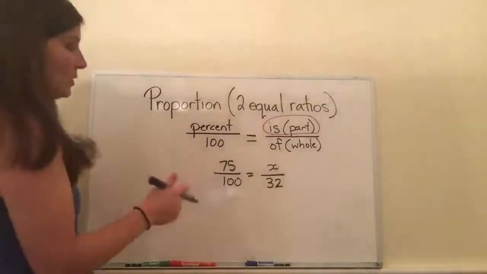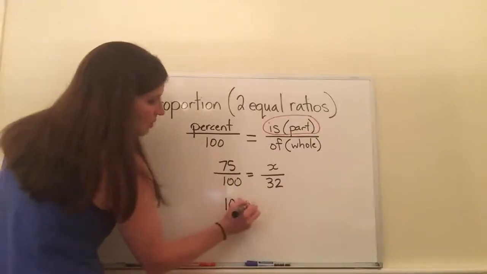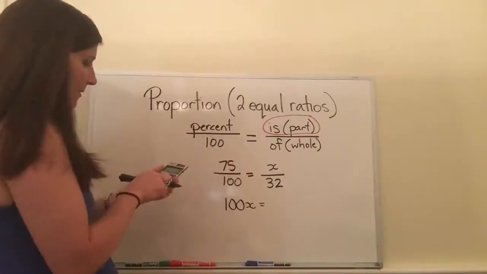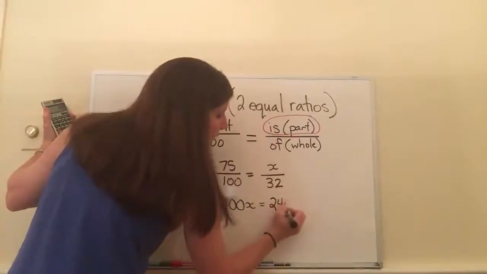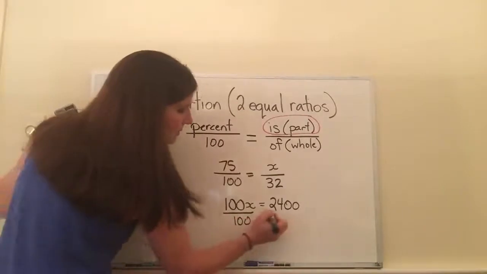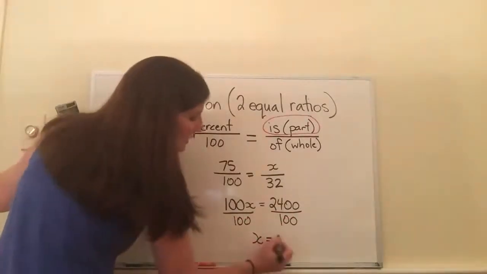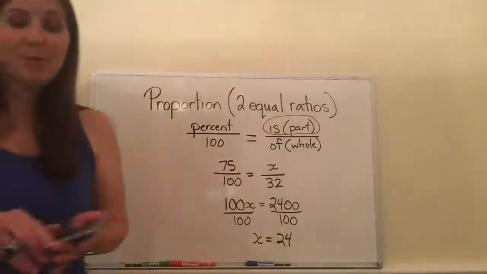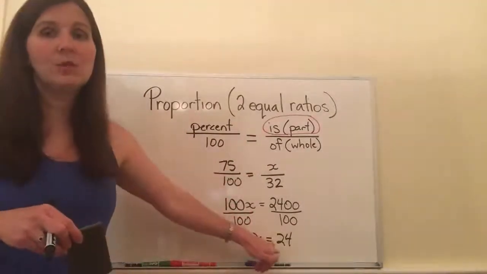So when I cross multiply, 100 times x equals 100x. When I cross multiply 75 times 32, I get 2,400. Then I'm going to divide both sides by 100 so I can isolate my x. And x equals 24. So 75% of 32 is 24.